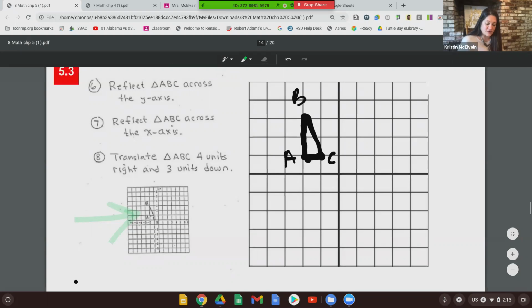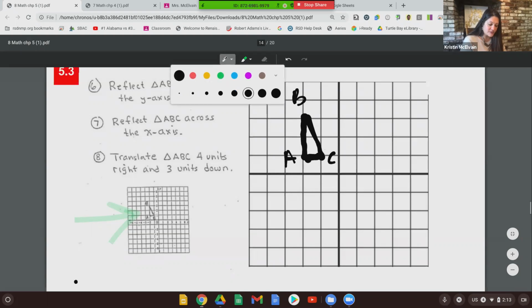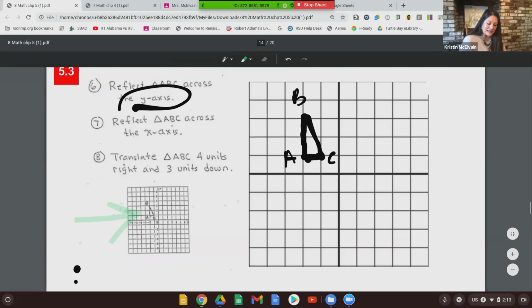So the first thing we're going to do is reflect across the y-axis, okay? So this one is y, this one is x. So it means we're going to reflect over to the quadrant on the right, the first quadrant, okay?